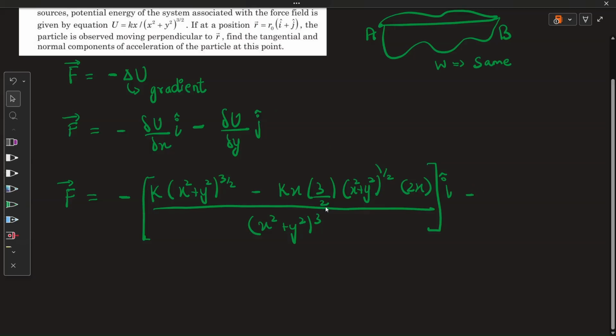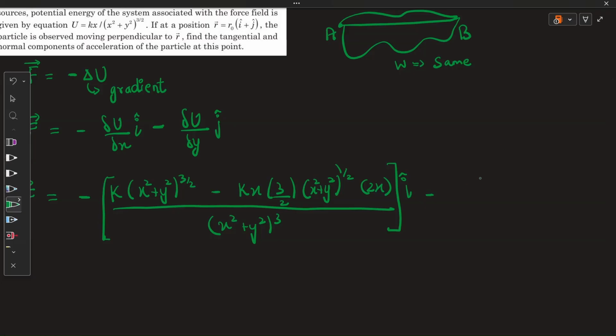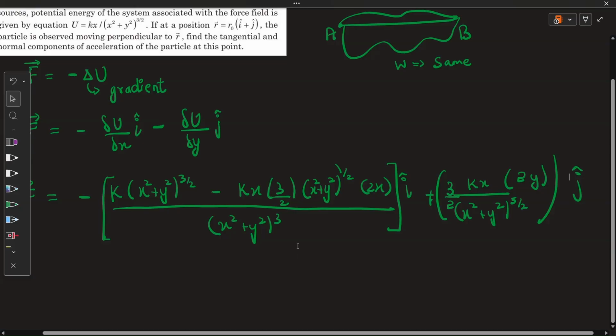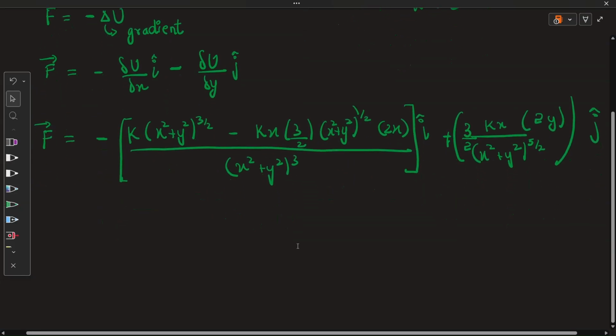Similarly, the component in the j direction is given by kx over (x² + y²) to the power 5/2, into 2y, where I have to add this 3/2 part too. So this will become plus, into j cap. You can verify this by differentiating.